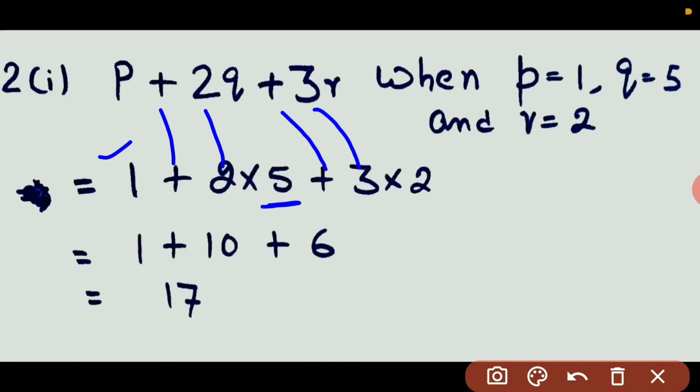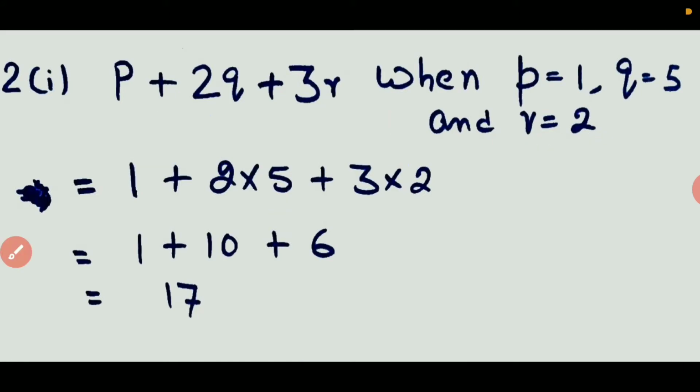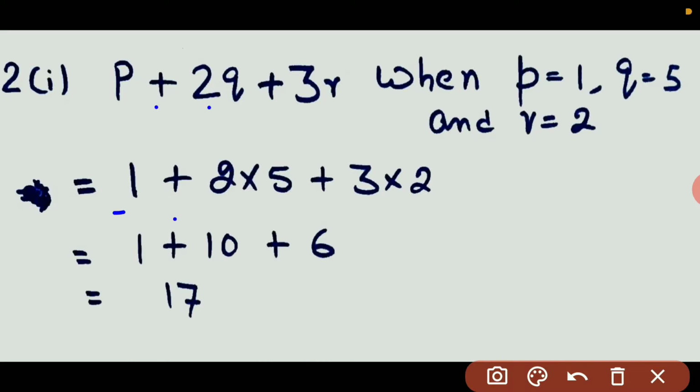Since there is no sign between 3 and r, it is a multiplication sign, and r becomes 2 because the value of r is 2. Once again, the value of p is 1, so I put 1 here. Plus comes here, 2 comes here, multiplied by q, that is 5, plus comes here, 3 comes here, multiplied by r, the value of r is 2.